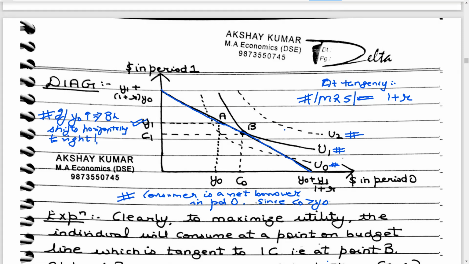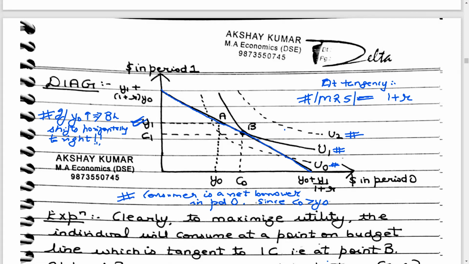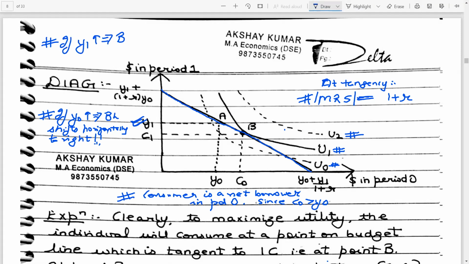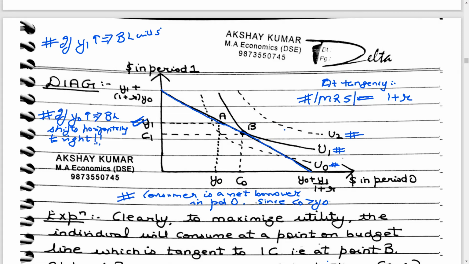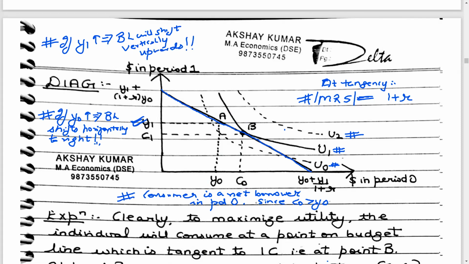Correct? For the same Y1, if my Y0 goes up, the budget line will shift horizontally to the right. And for the same Y0, if Y1 goes up, the budget line will shift vertically upwards.